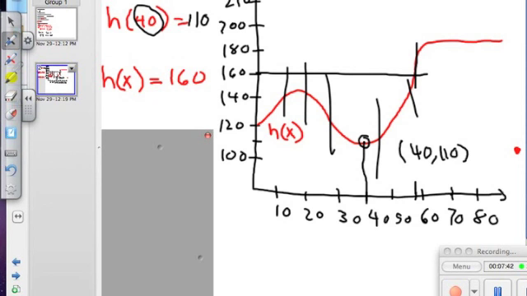So we'll estimate x to be about 58. I'll try and write that a little bit better. Probably make it worse, but here we go. 58.